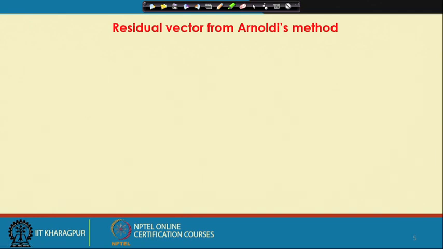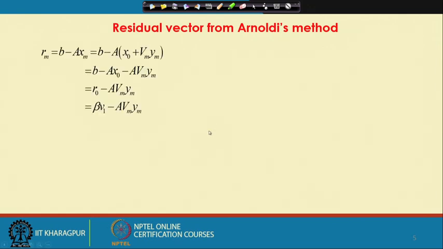Now, we look into the residual vector from Arnoldi's method. What is the residual vector at one particular iterative step of Arnoldi's method?